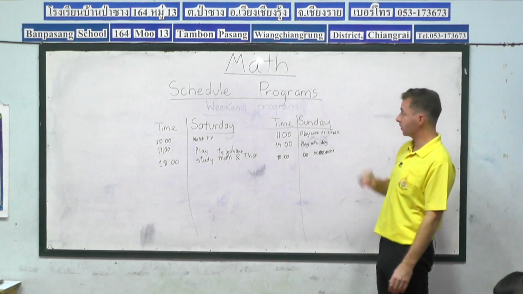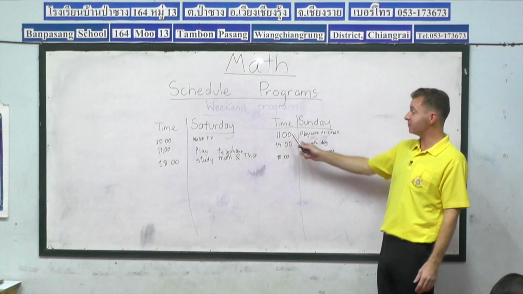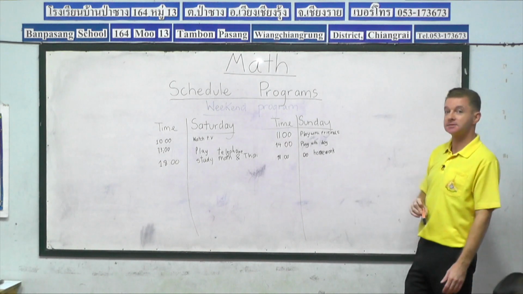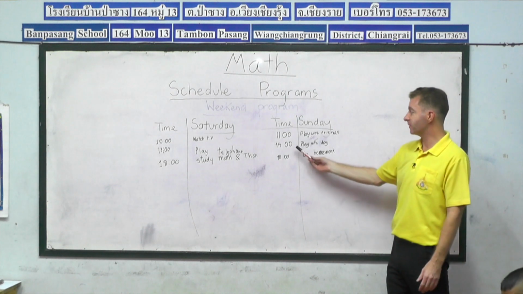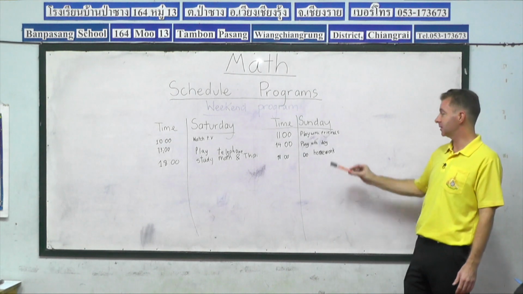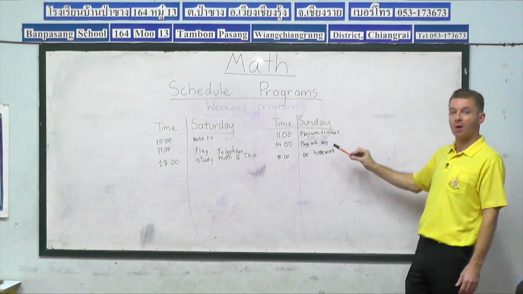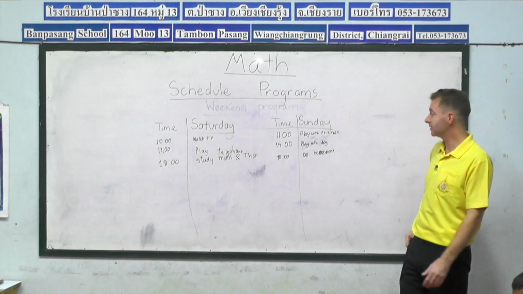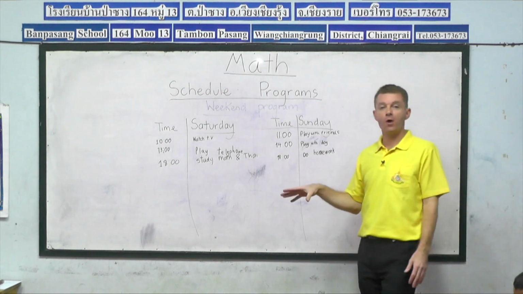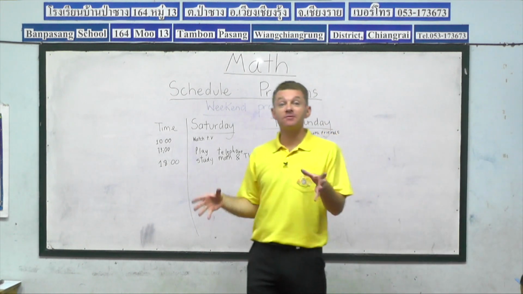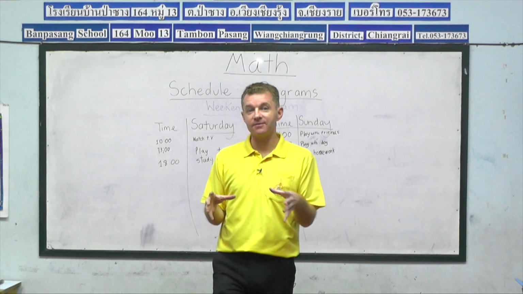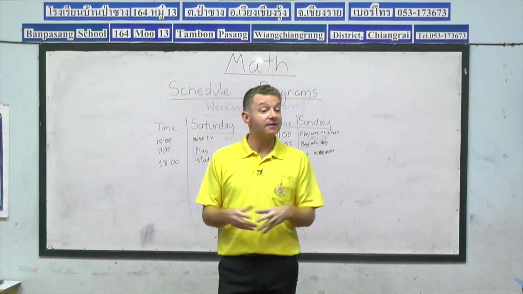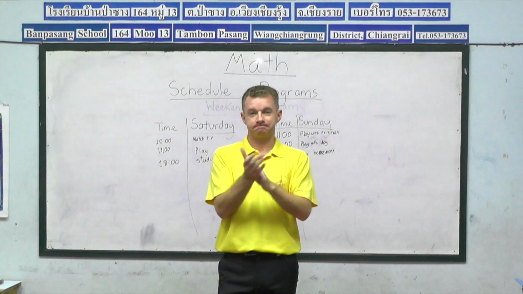And now we've got the program for Sunday. 1100 hours, play with friends. 1400 hours, play with dog. And 1800 hours, do homework. And that's a demonstration of our students' understanding of how to create a weekend program. And that was excellent, guys. Very well done.